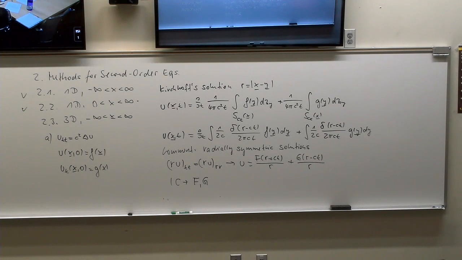Then we use these equations to solve for f and g as functions of r. The point is then to replace the r by the argument that we need. So we use f and g by replacing r by r plus ct and r minus ct in our solution. Is this good with you? Okay.